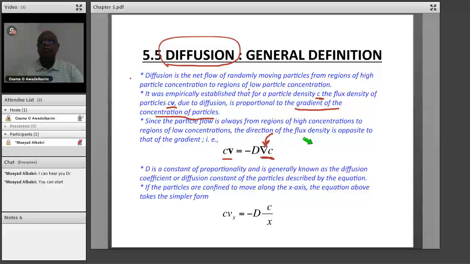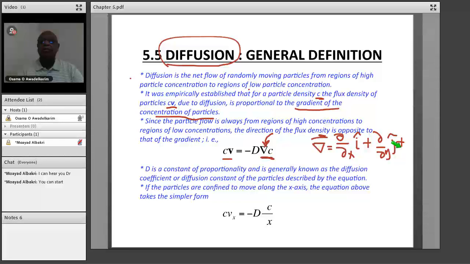So nabla is a vector operator, and this vector operator is something like ∂/∂x, right? ∂/∂x, that's the derivative in the direction i, okay, unit vector i, plus ∂/∂y, okay, in the direction j, and ∂/∂z, okay, in the remaining direction k, okay, and that's the gradient operator or the grad.